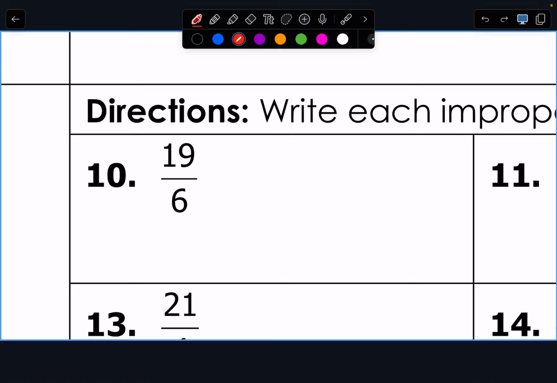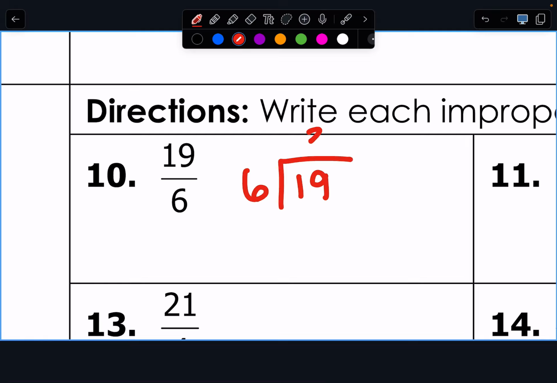Rhea, stop. Over here. So we're going to take 19 divided by 6. Okay. How many times does 6 go into 19? 3 times, right?